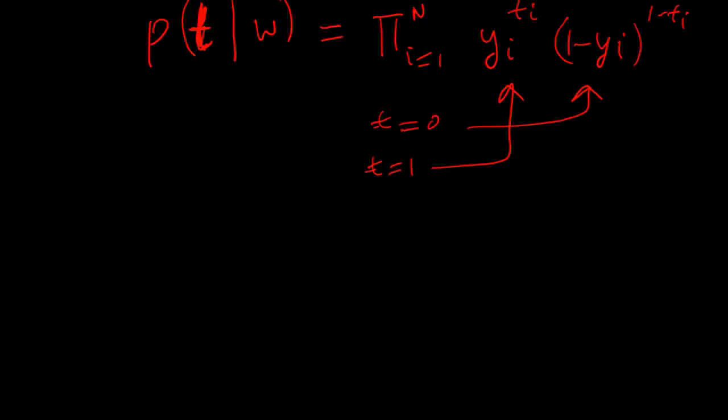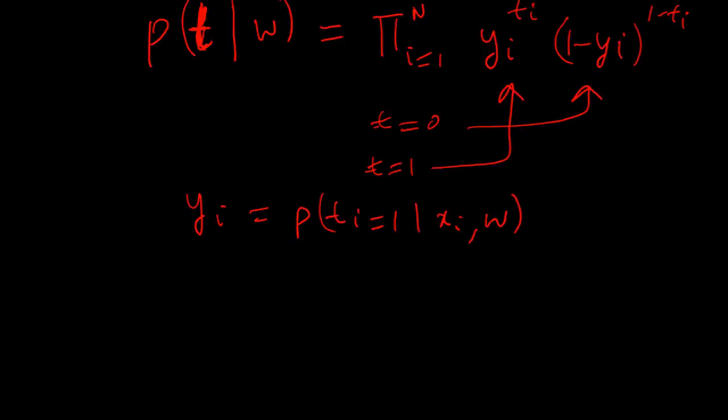Because we are looking at a binary classification case, we are trying to maximize the probability of the class being 0 or the class being 1, and the probability of the class being 0 is 1 minus the probability of the class being 1. So what is yi? Yi is the probability that ti is equal to 1 given xi and w.